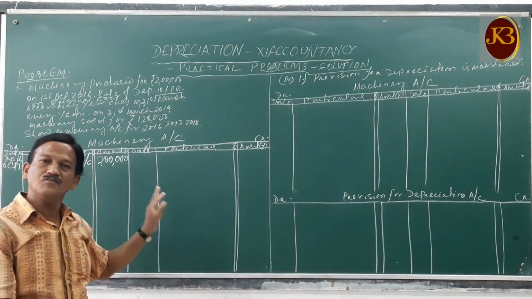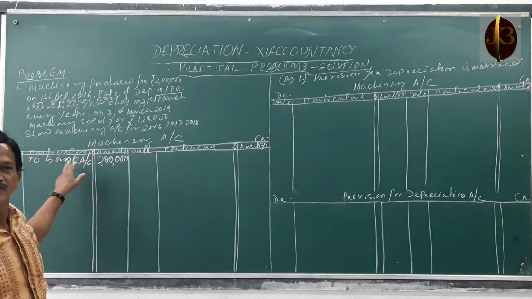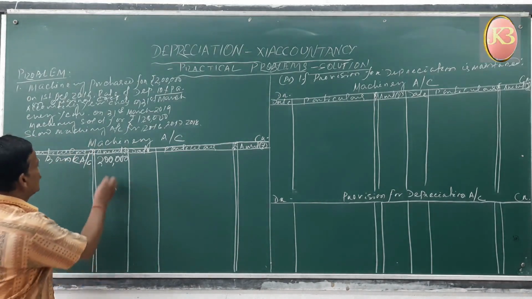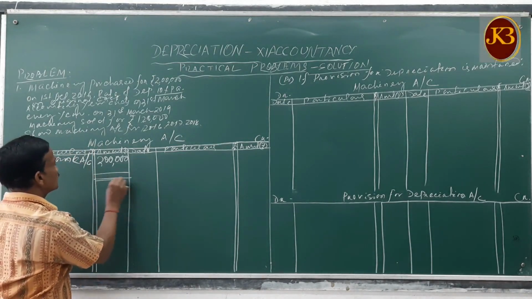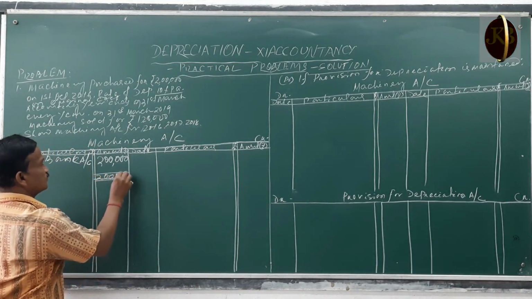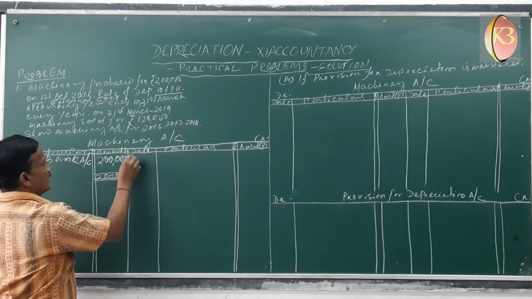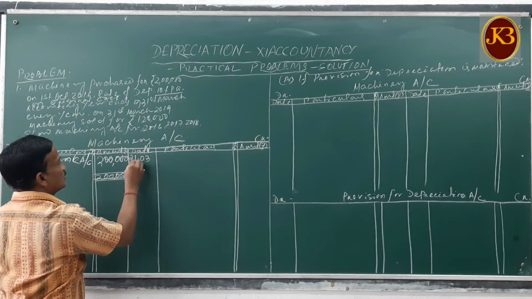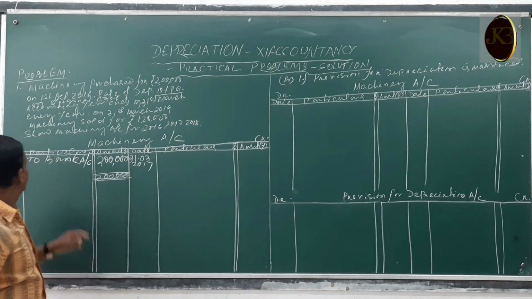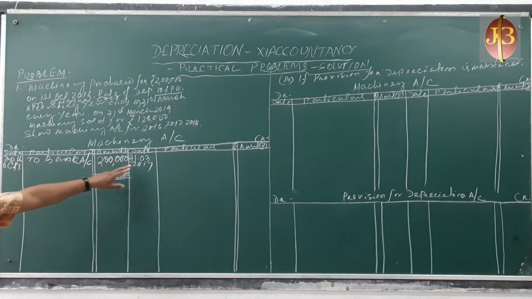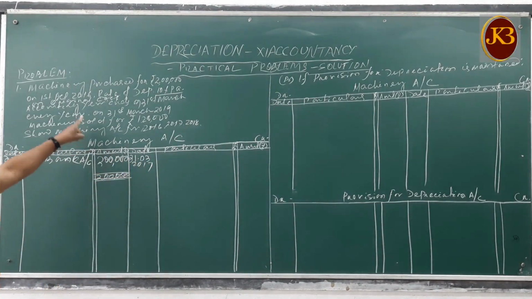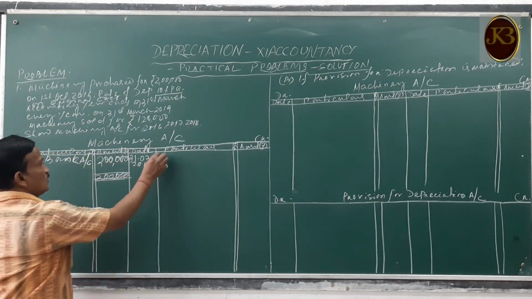I think you are clear: machinery purchased, to bank, 2 lakh. Now, on 31st March 2017, depreciation is charged.